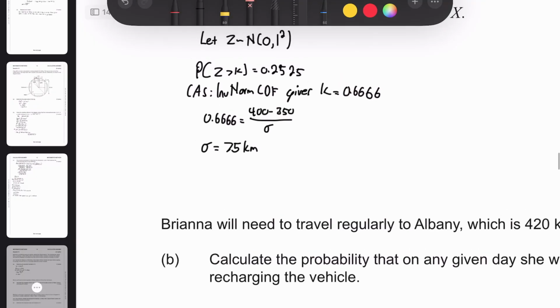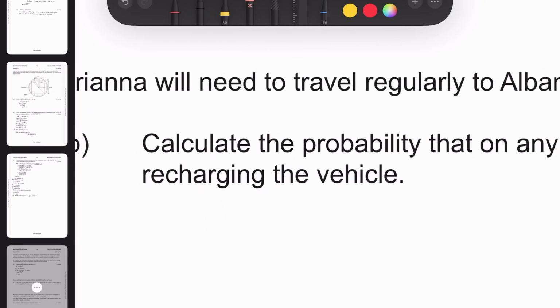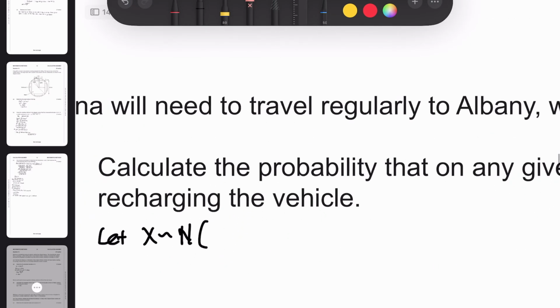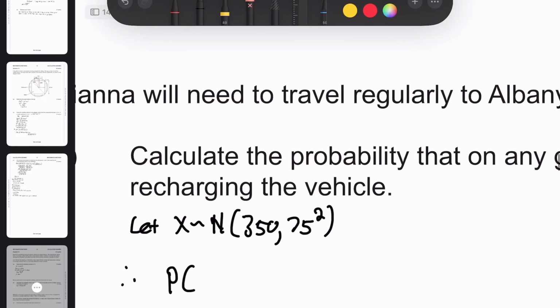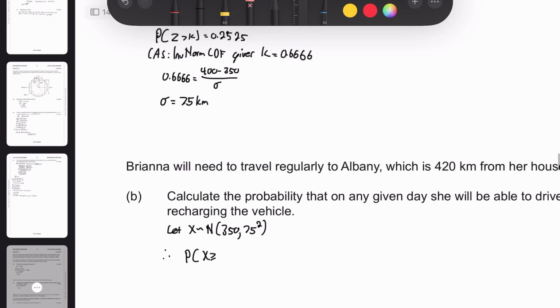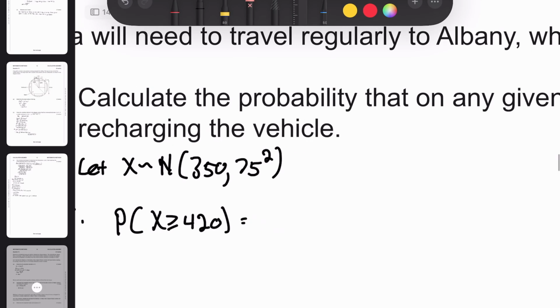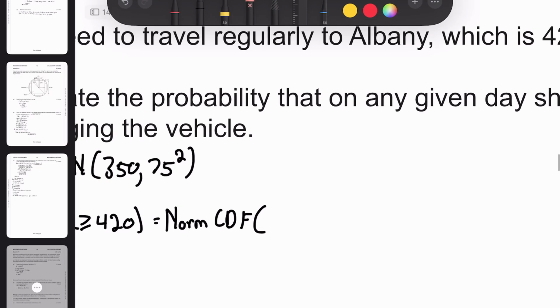So let's see. Let x be a normal distribution. We know the mean, which is going to be 350 from the information given. Then our standard deviation is 75. Therefore, we want the probability that x is greater than or equal to 420, which is equal to norm CDF from 420 to infinity with our standard deviation of 75 and our mean of 350.